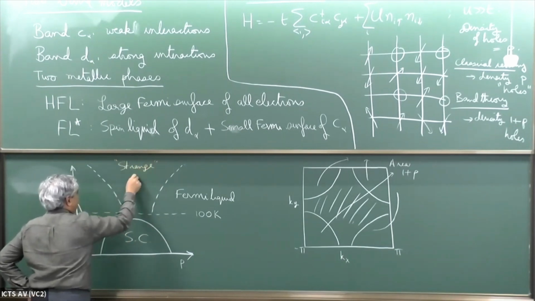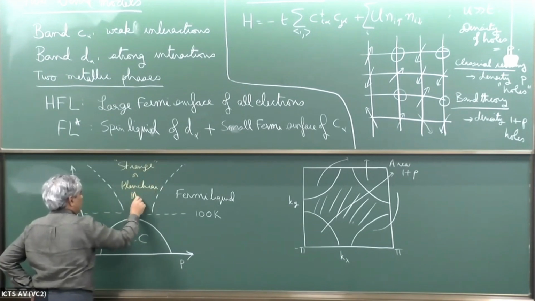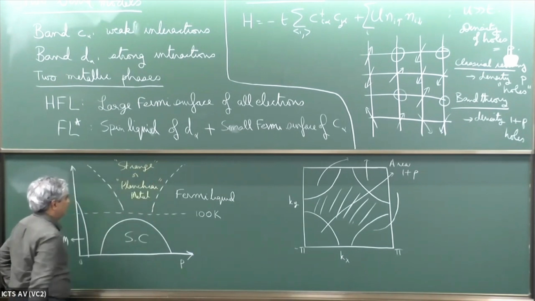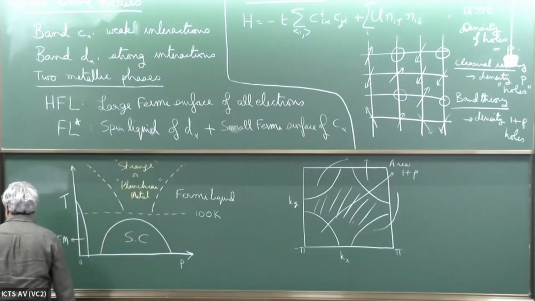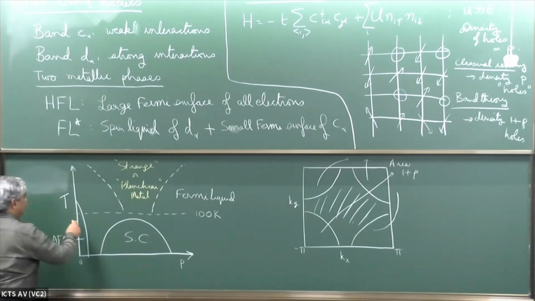More recently, people are calling it the Planckian metal. I'll eventually say something about this next week, probably. So that's where there are no quasi-particles. But today I want to talk about this metal down here.